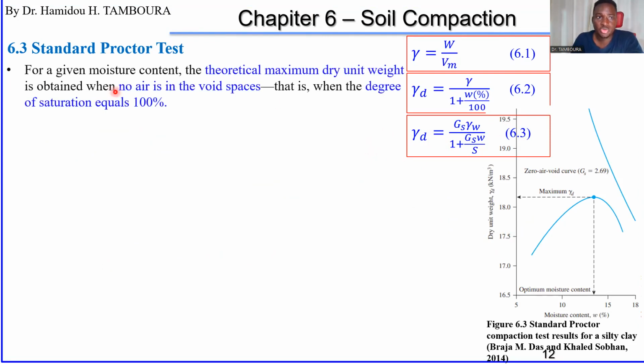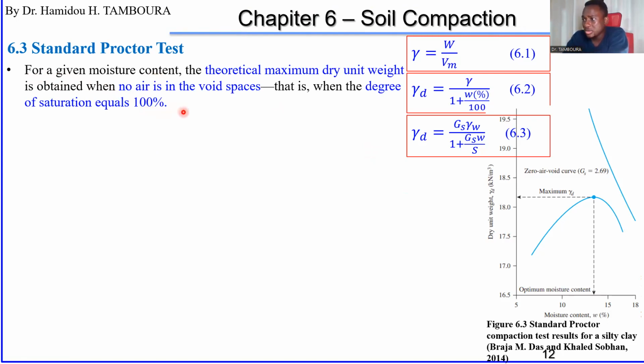For a given soil and a given water content, theoretically, the maximum dry unit weight is obtained when there is no air in the void, in the spaces. And that is when the degree of saturation is 100%.